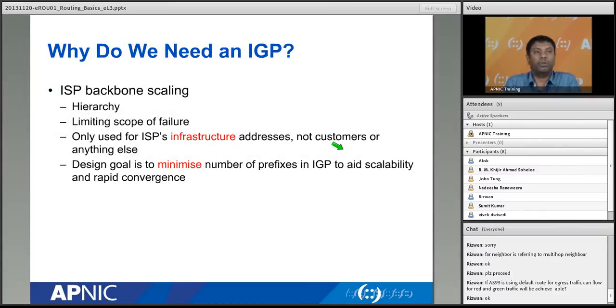So why do we need IGP? As I have already explained, in an ISP environment, to create a hierarchical network and scale in a bigger environment, we only advertise our infrastructure prefixes in IGP, and we try to minimize the IGP size so that our network can grow.